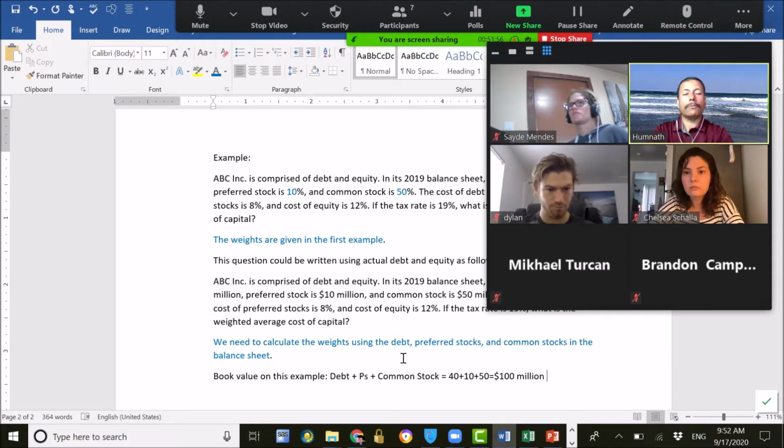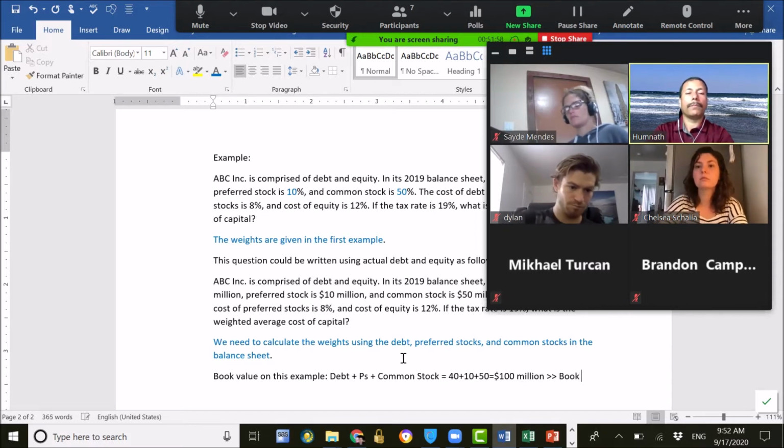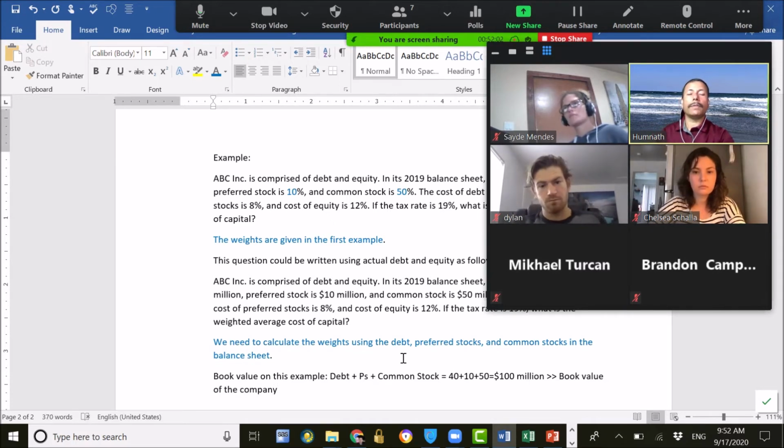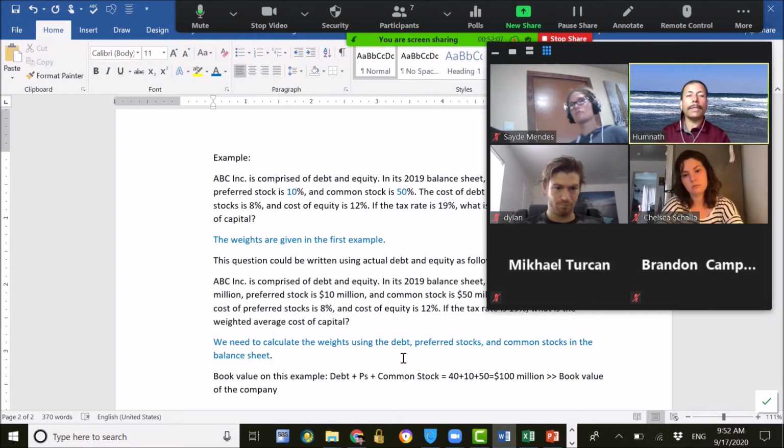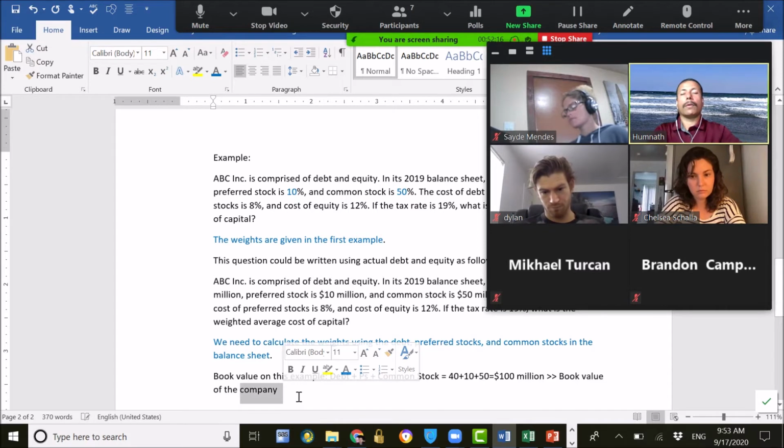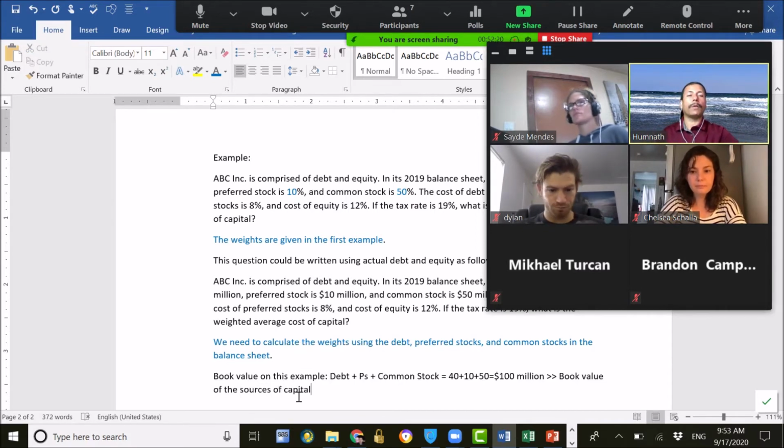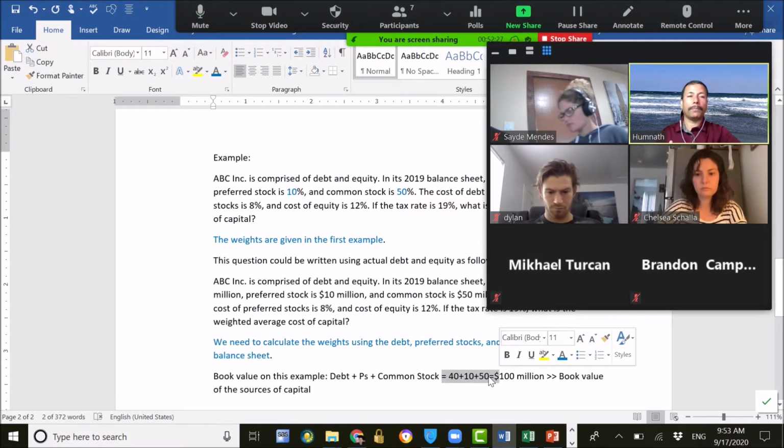So this is the book information. These are the book values of the capitals, not the book value of the company. These are the book values of these sources of capital.